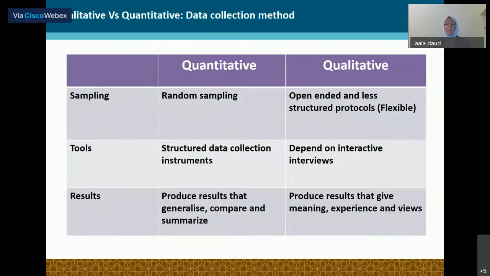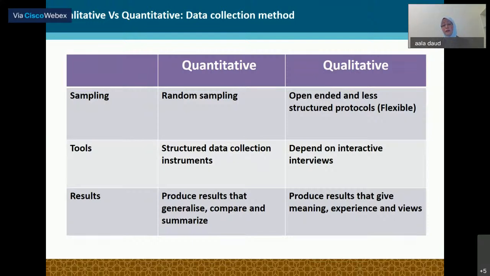Now, comparing them both in terms of data collection method. For the quantitative, for example, the sampling is random sampling. However, for the qualitative, you have open-ended and less structured protocols. You're more flexible with your sampling. The tools used in quantitative are more structured, so structured data collection instruments, as opposed to the qualitative, which depends on interactive interviews.